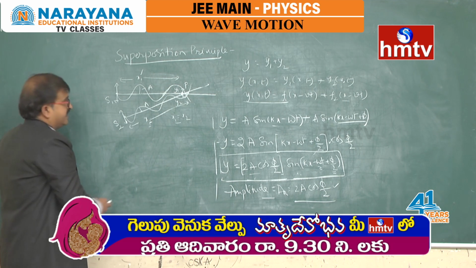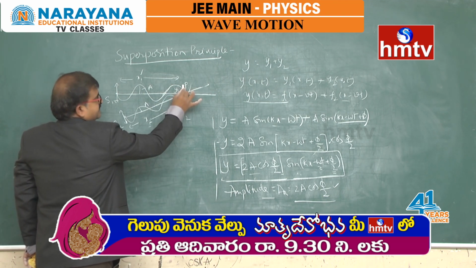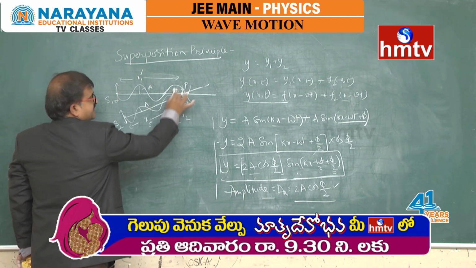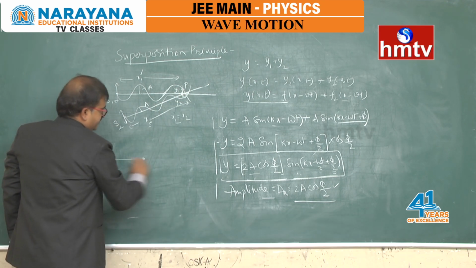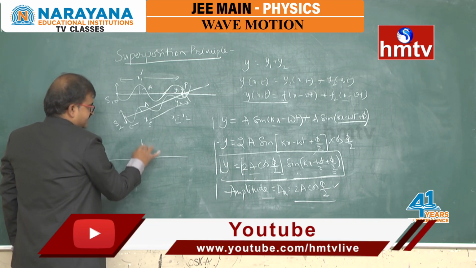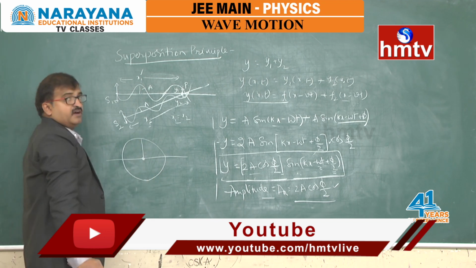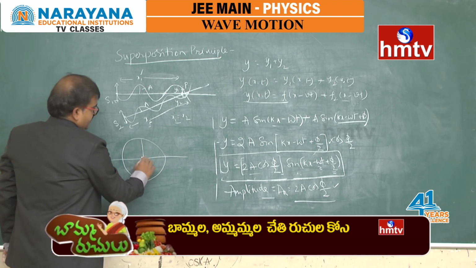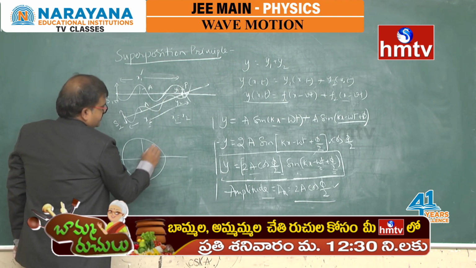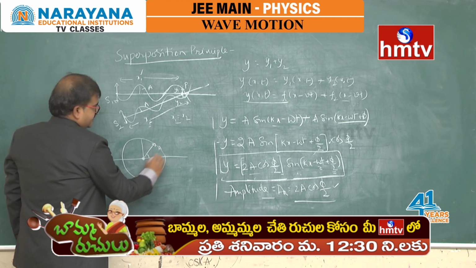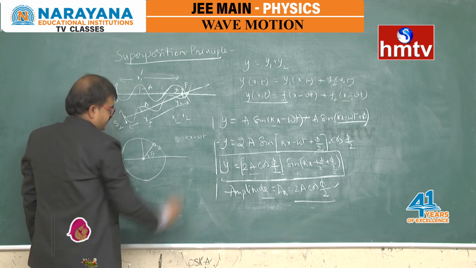So if you are trying to describe this, this particular particle's displacement from the mean position can be described by using this point P. This point P can be described using a reference circle in the case of harmonic vibrations. When it has a displacement of y1, the angle theta is equal to kx minus omega t.